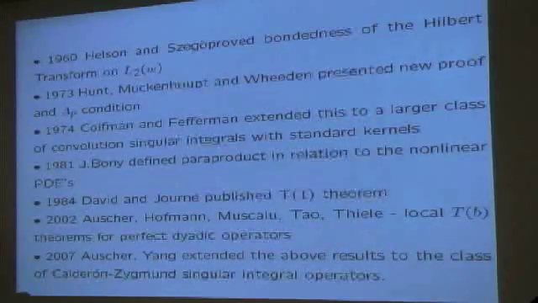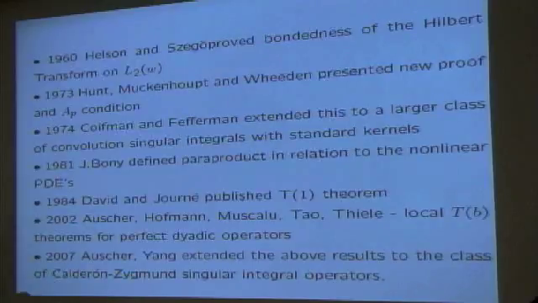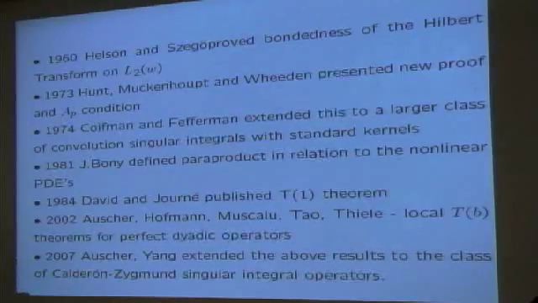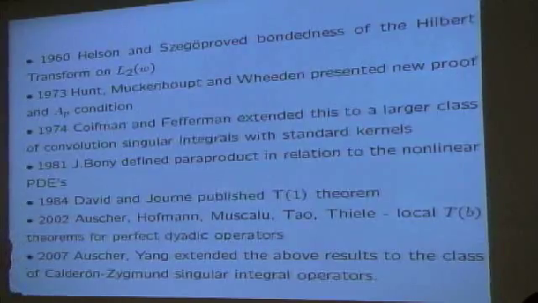Okay, in 2002, Nazarov, Treil, Volberg, and Tao showed very nice results for the perfect dyadic operators. They obtained new versions of the T of 1 and T of b theorems, so-called local. We are not very interested in the results, but they did it for the perfect dyadic operators.